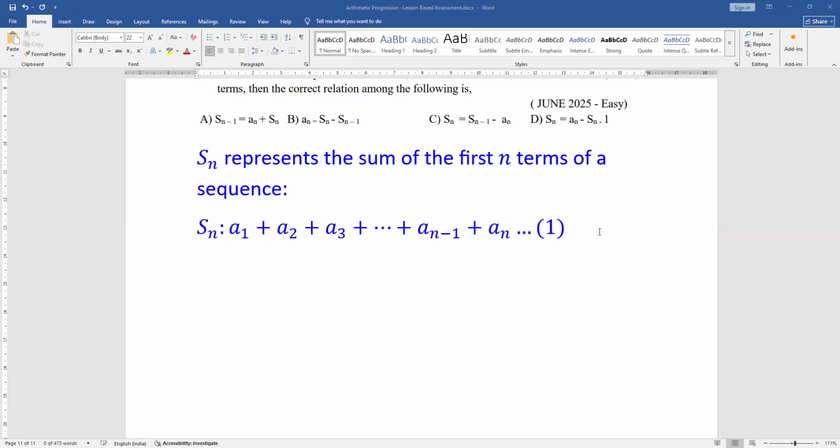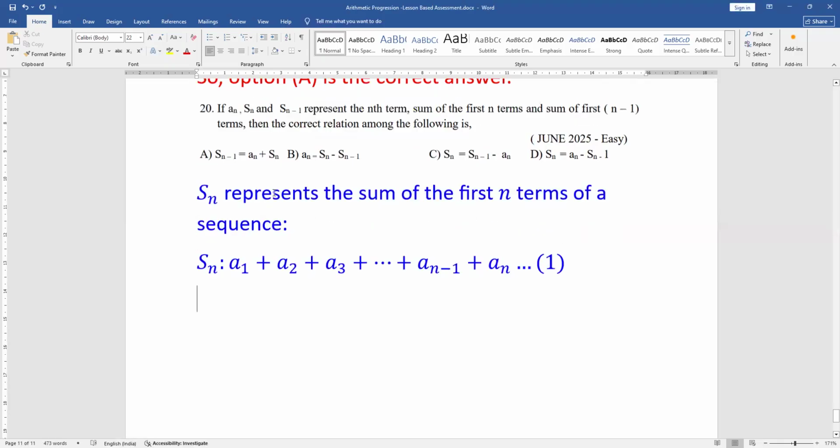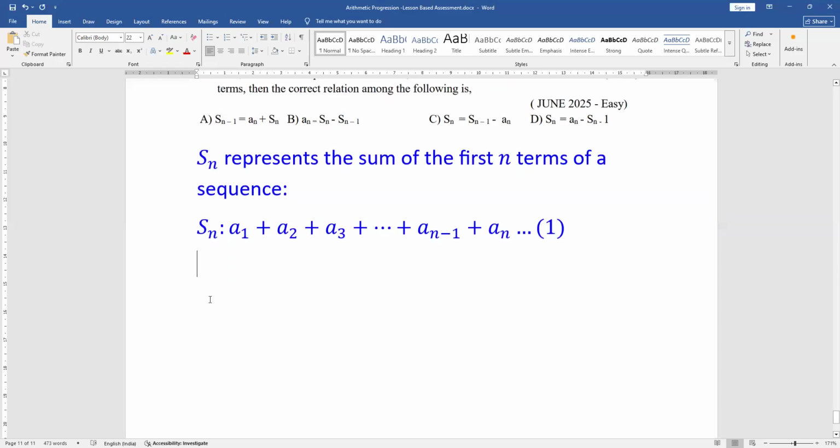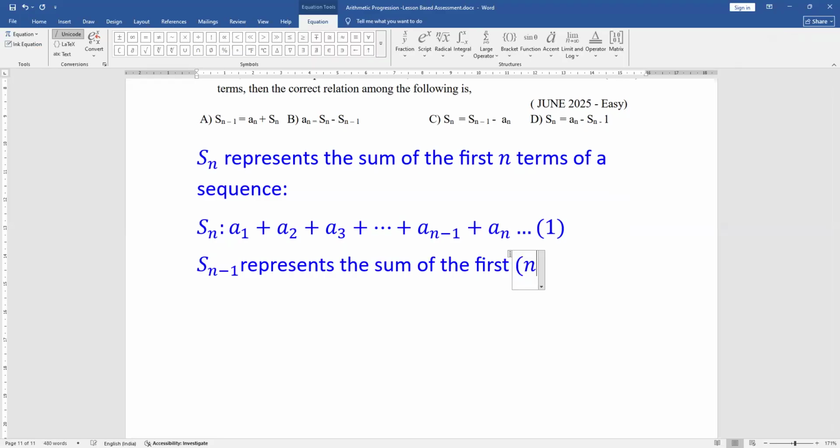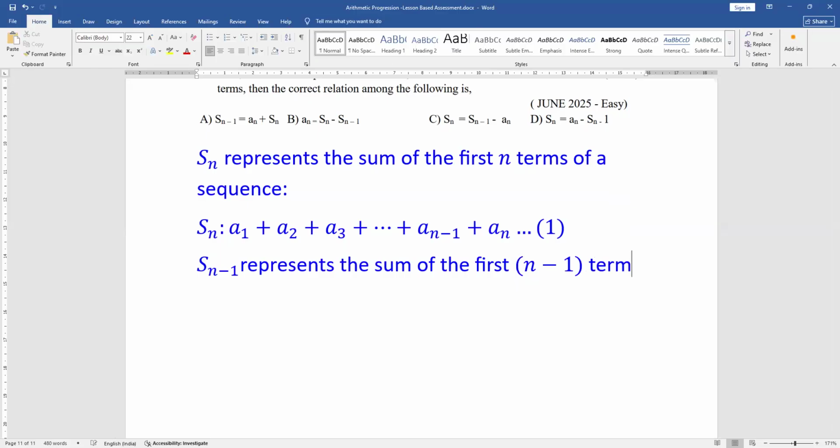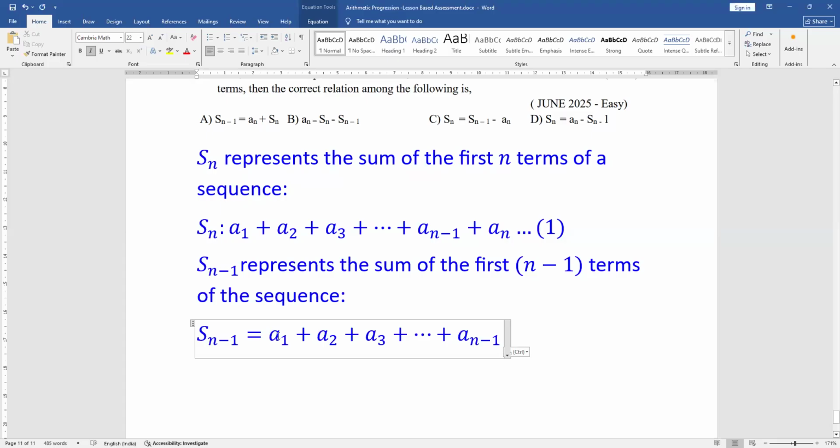In my next step, they have also mentioned Sn minus 1, right? So what does Sn minus 1 represent? See, Sn minus 1 represents the sum of the first n minus 1 terms of the sequence. Okay. So let me write it like this: Sn minus 1 equals A1, A2, A3, so on to An minus 1.